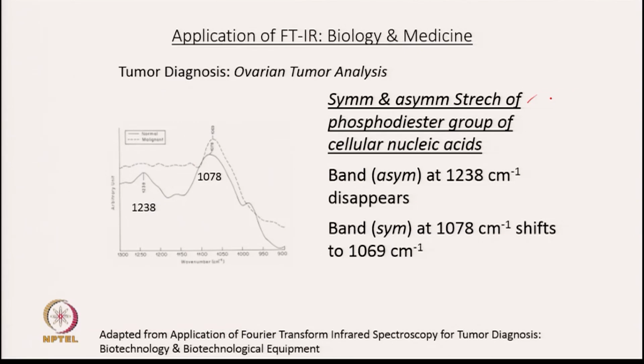You can see that the band at 1238 centimeter inverse, which is because of asymmetric stretching, is disappearing, and the band at 1070 centimeter inverse, which is due to symmetric stretching, is shifting to 1069 centimeter inverse. So, you see there is a shift like this.